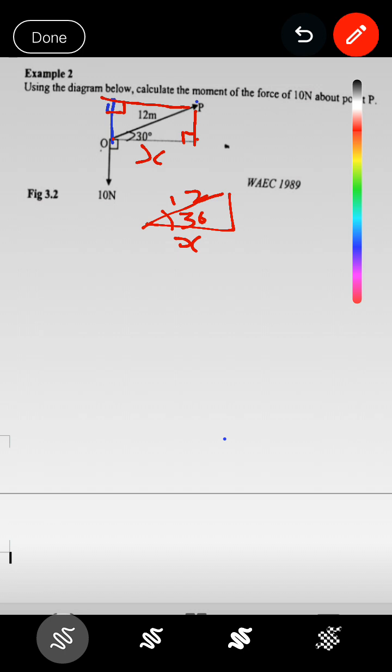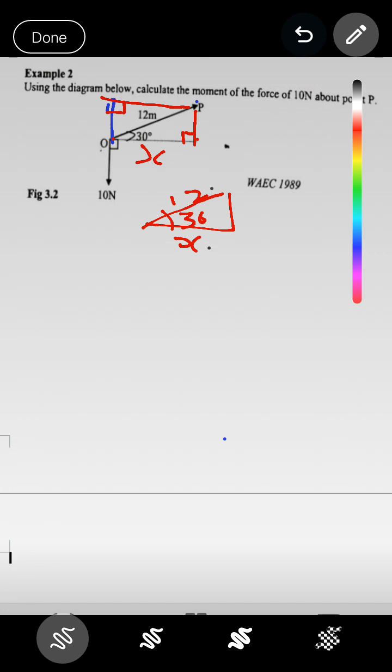So according to trigonometry, if in a right-angled triangle you are having the adjacent and the hypotenuse, this is the adjacent and this is the hypotenuse. Hypotenuse is the longest side, so you are going to be using cosine.